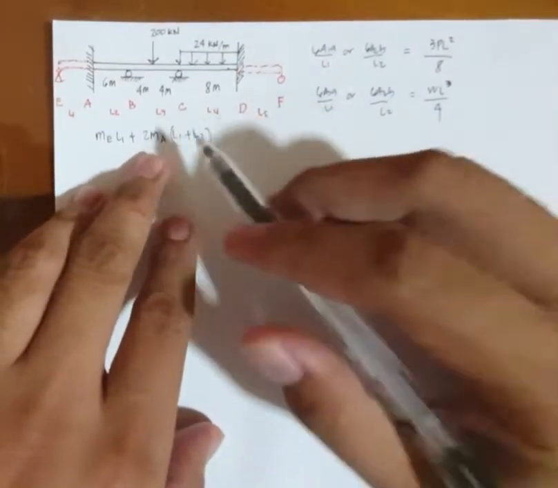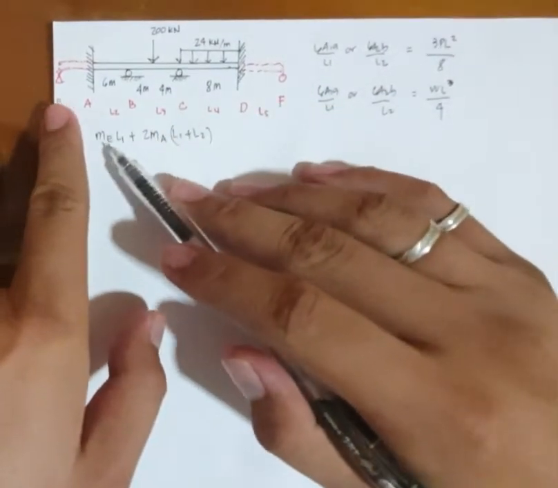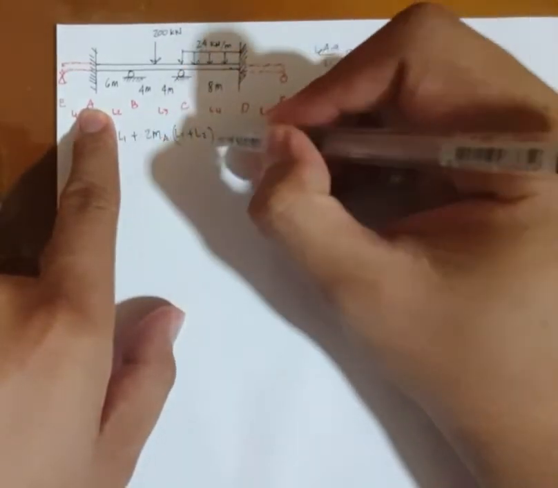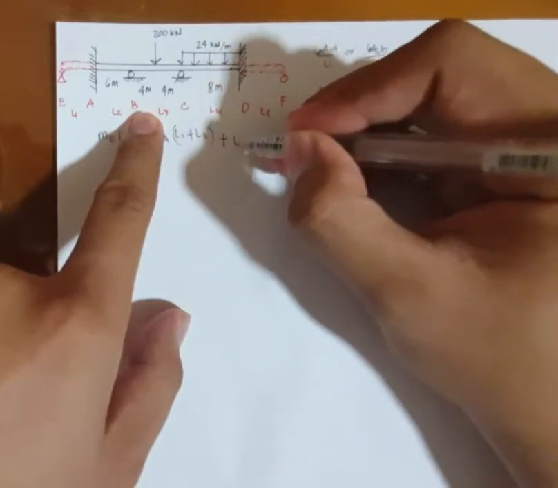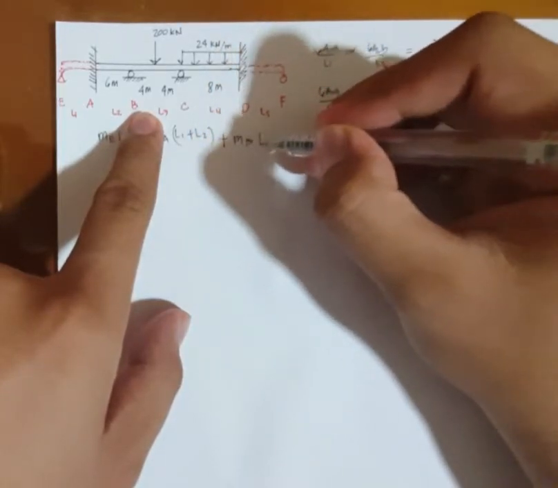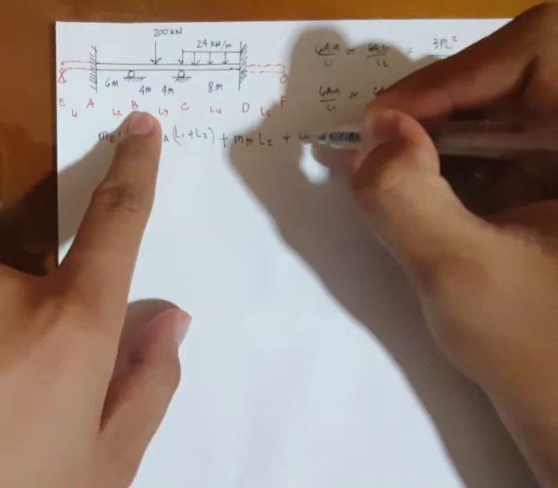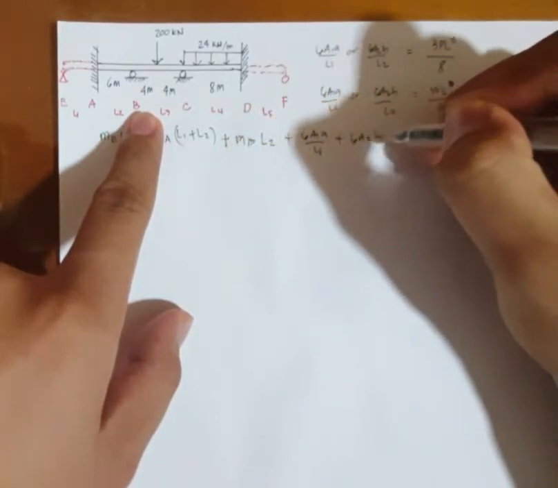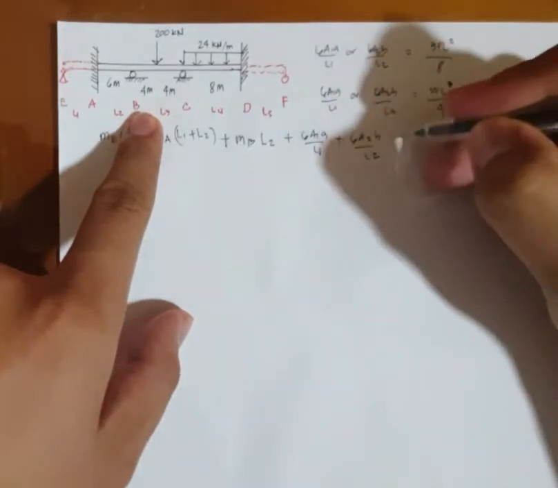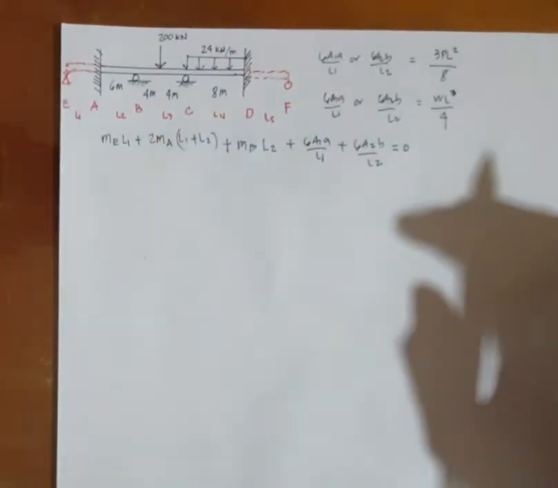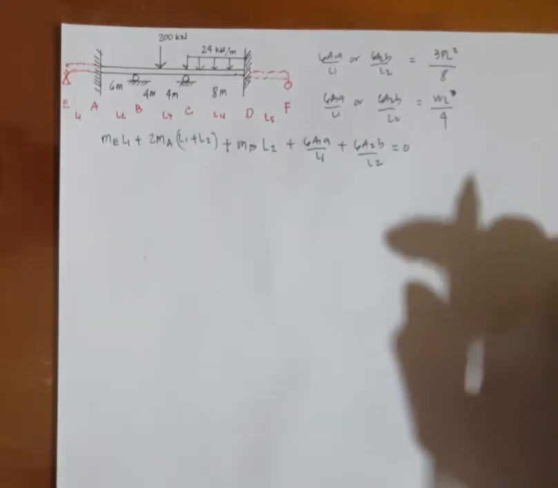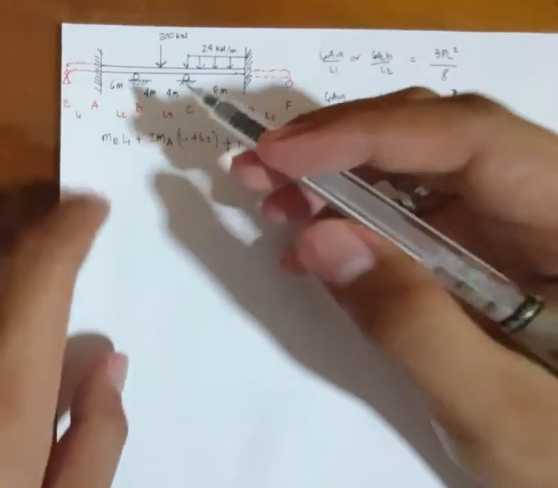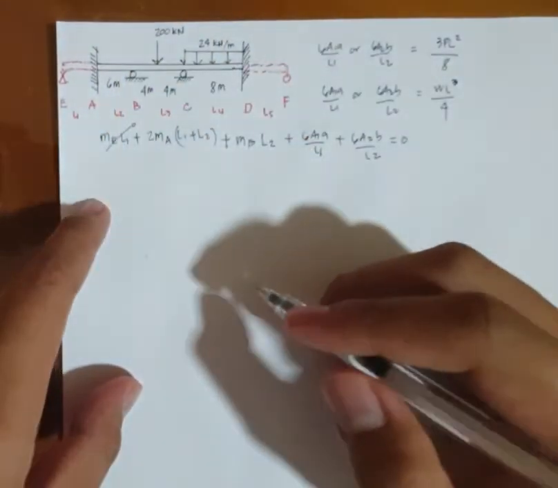Okay, so let's proceed. ME L1 plus 2MA (L1 plus L2) plus the moment at the right, MB L2, plus 6A1A over L1 plus 6A2B over L2, equal to 0. Okay. The moment at E is imaginary, therefore this is 0.